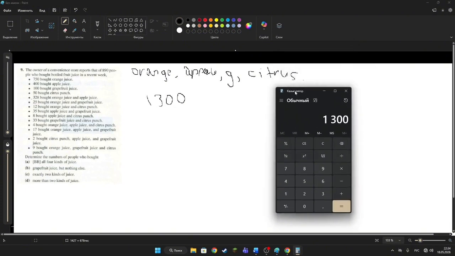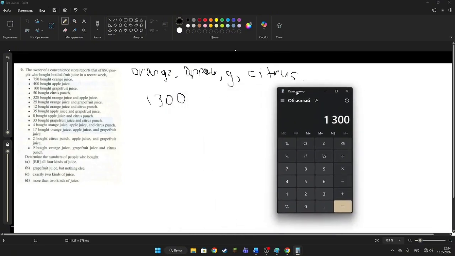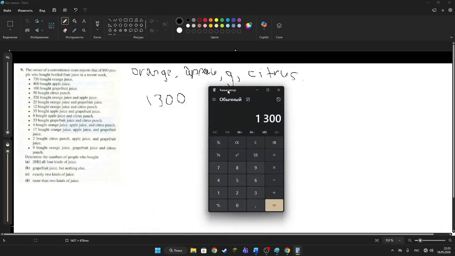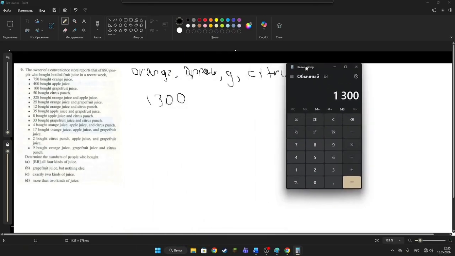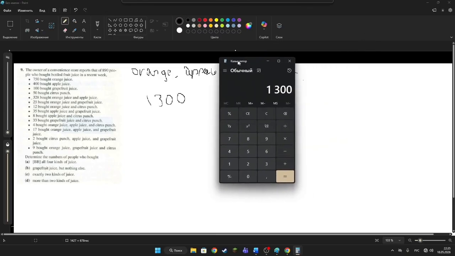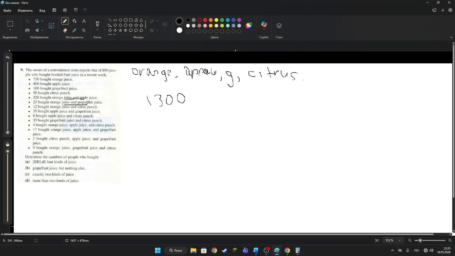It means that we counted twice, or 3 or 4 times, the people who bought 2 or 3 juices. So what does it mean? We calculate at first the number of people who take 2 juices.